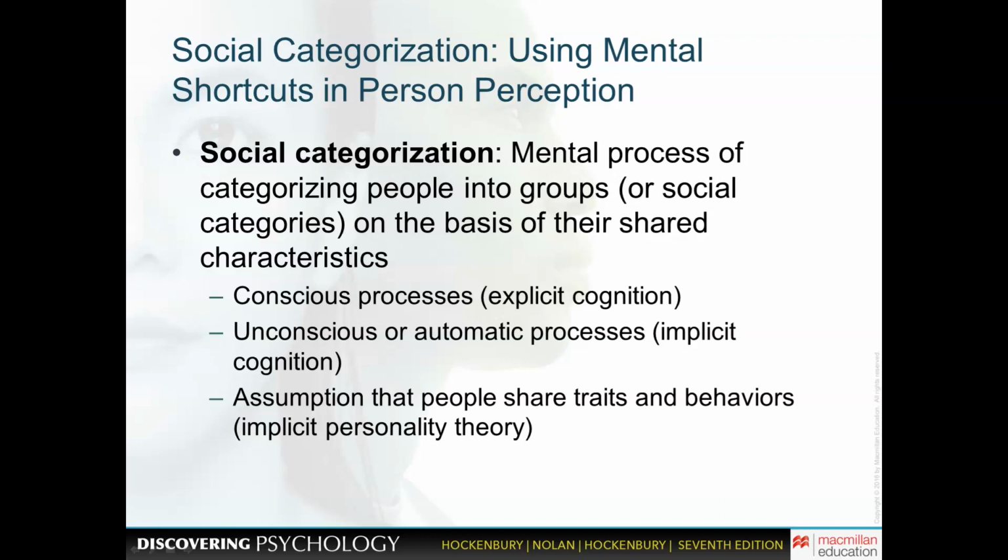And the third term I would like to make you aware of is at the bottom of this slide, and that is called implicit personality theory. Basically, that just refers to a network of certain assumptions or beliefs about the relationship among different types of people and their traits or their behaviors, and that leads to the use of what we call cognitive schemas.